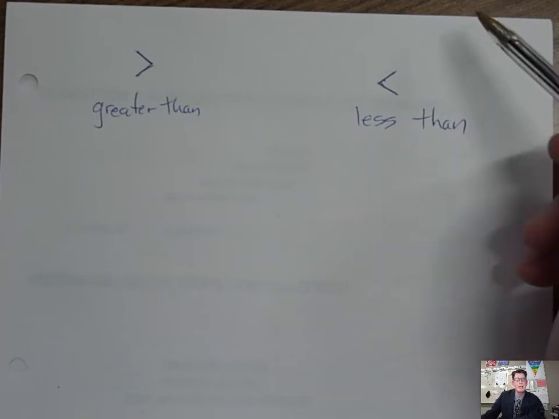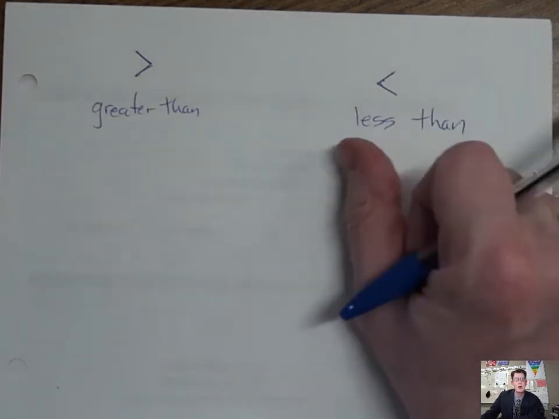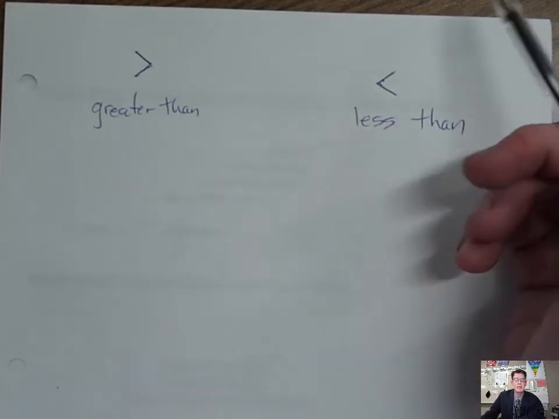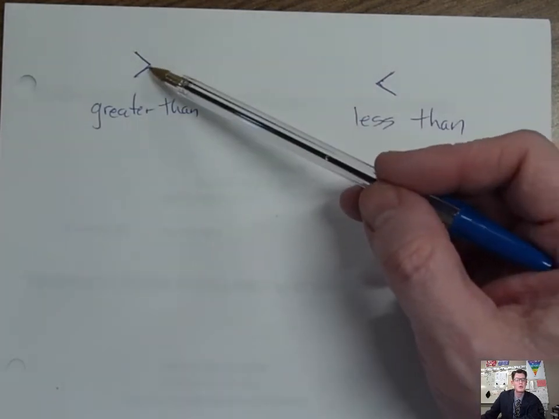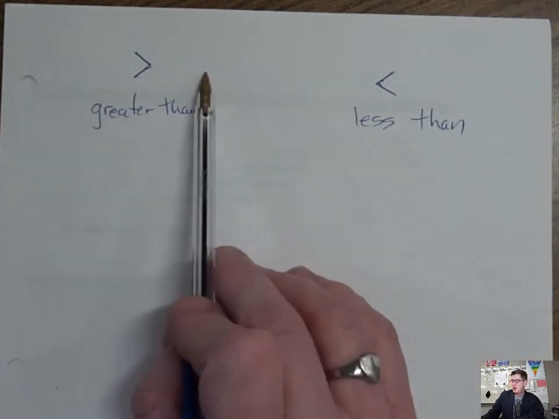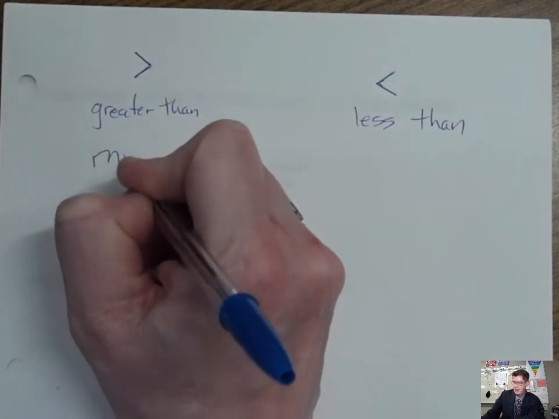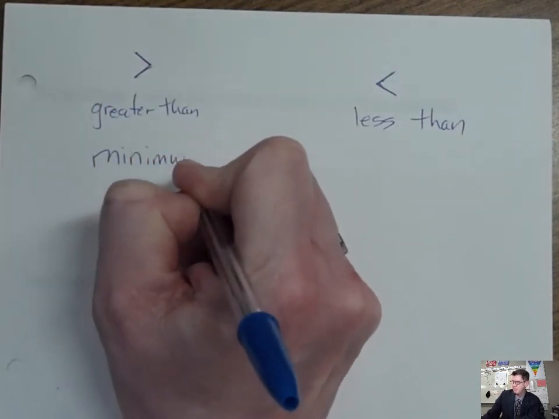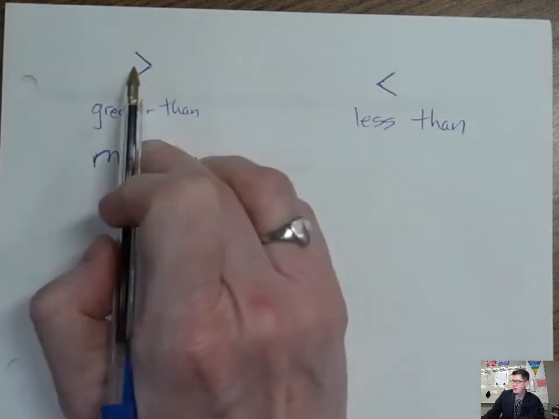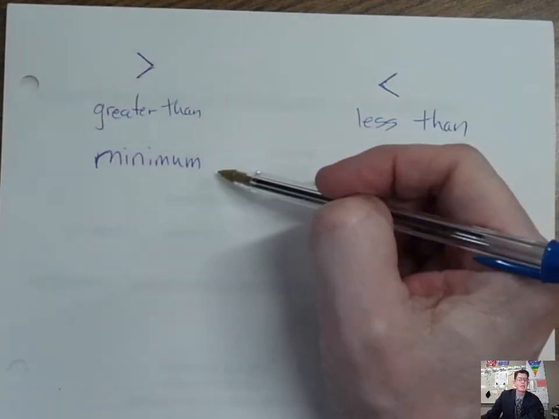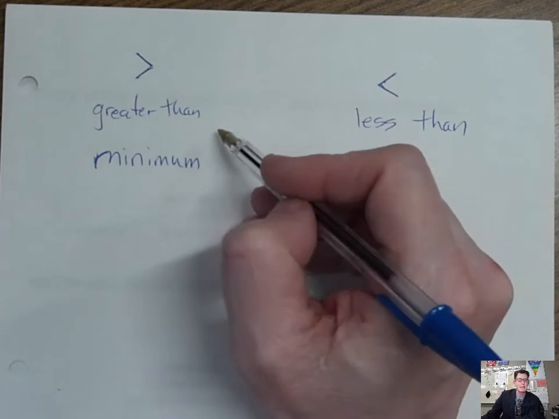So write these down, pay attention to this video, keep these notes, study this, because there's some other words that are going to be used to mean greater than a number. If they say something is at a minimum, they're talking about greater than. Because the minimum it can be is something, let's say it's 50.